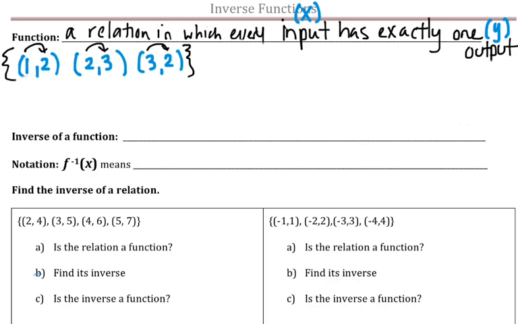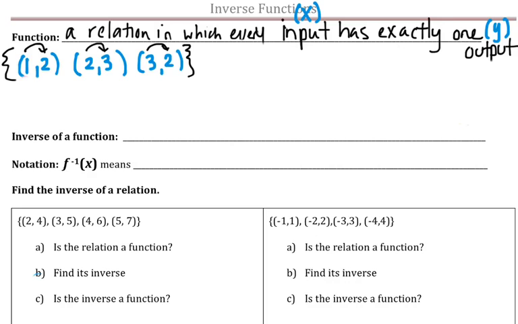So (1, 2), (2, 3), (3, 2). And notice how in this example, every x has exactly one y value that it's paired with. You don't see any of the x's repeating. That's another thing that a lot of people say when they're talking about functions. X's don't repeat. If they do repeat, they should always give you the same thing for the y.